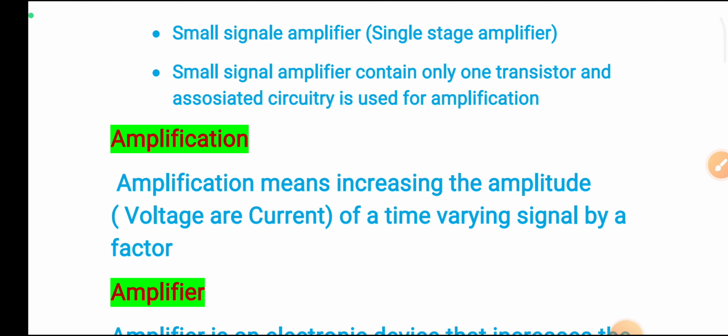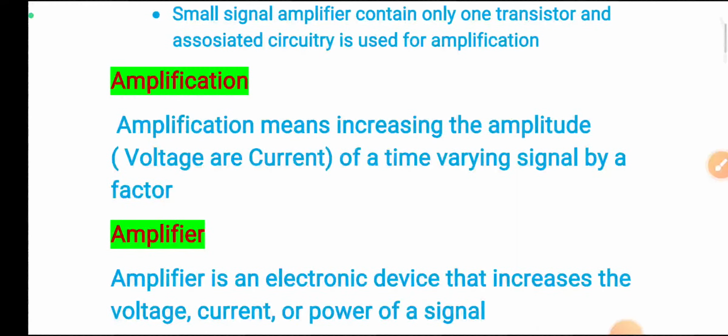The strength of the weak signal is increased by a factor, or the process of conversion of a weak signal into a strong signal, is called amplification. So I think it is clear.